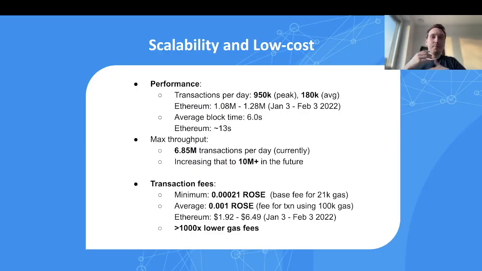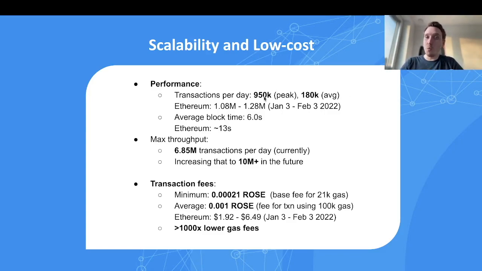Now, scalability and low cost. I mentioned that, but let's compare some numbers, right? So when we launched our Emerald ParaTime, we actually reached quite a high number of transactions per day, right? So when we launched this first DEX, we saw a huge boom, right?